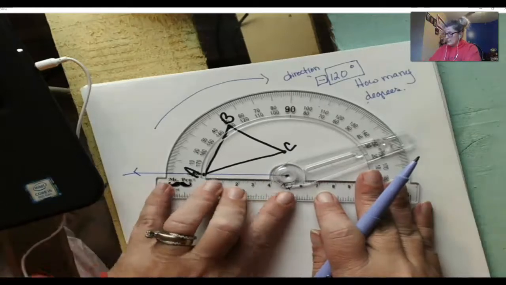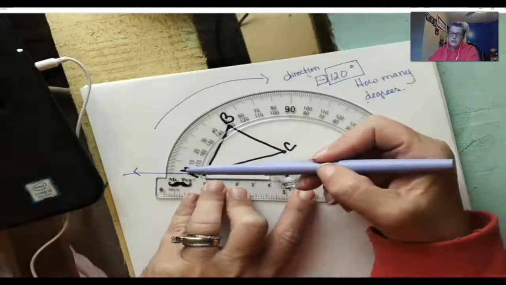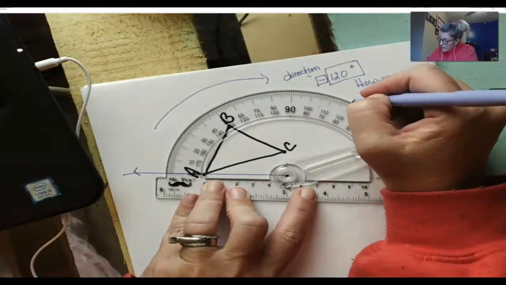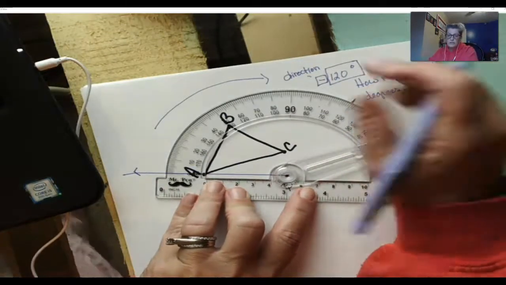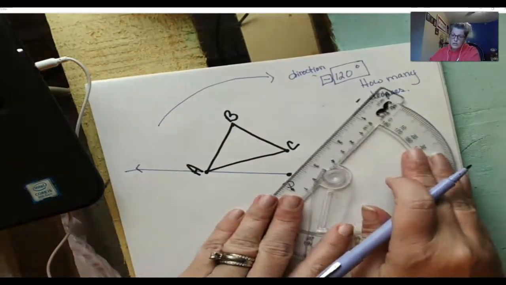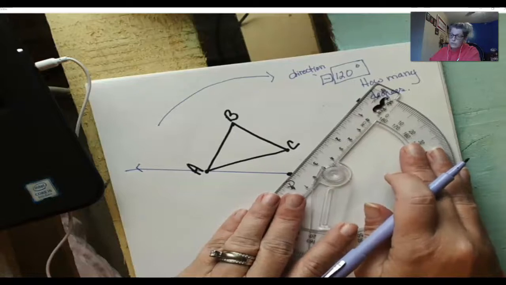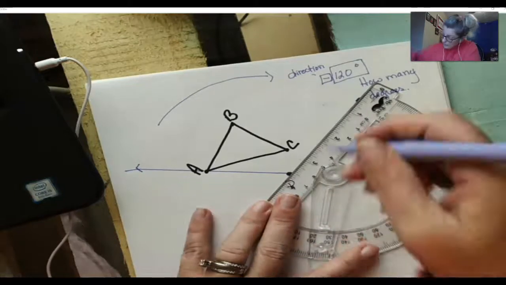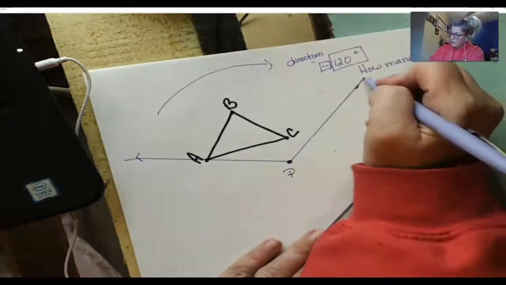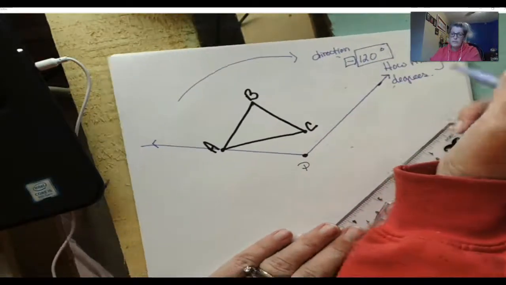So I'm starting at 0, and I'm going to go to 120. For mine, that's right here. So I'm going to draw that guideline, or the other ray, if you will. Okay, so there's the other ray.